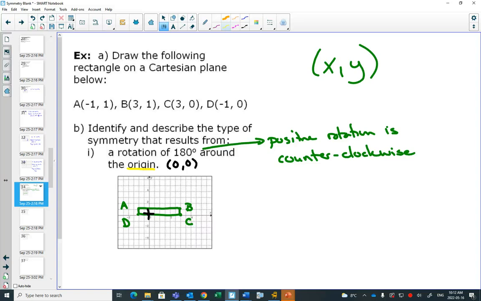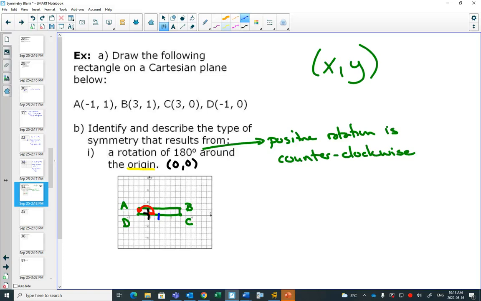So what we're imagining is if you took this line here, 180 would go in that direction like that. I would trace it, hold my pen here, and turn it. The new resulting picture will look like this.